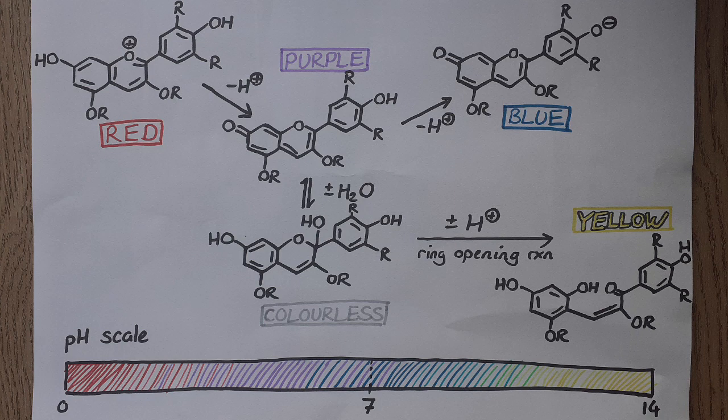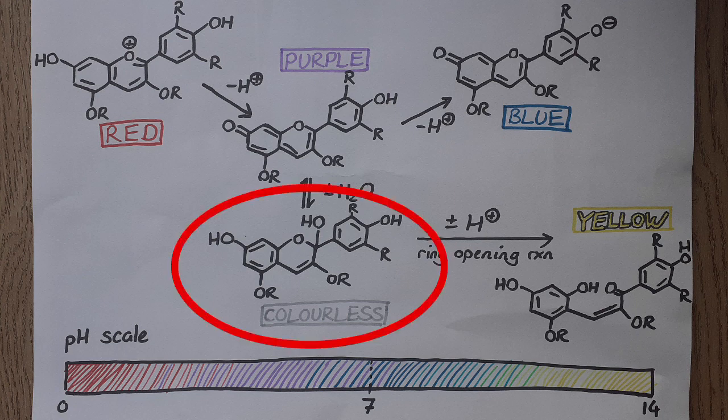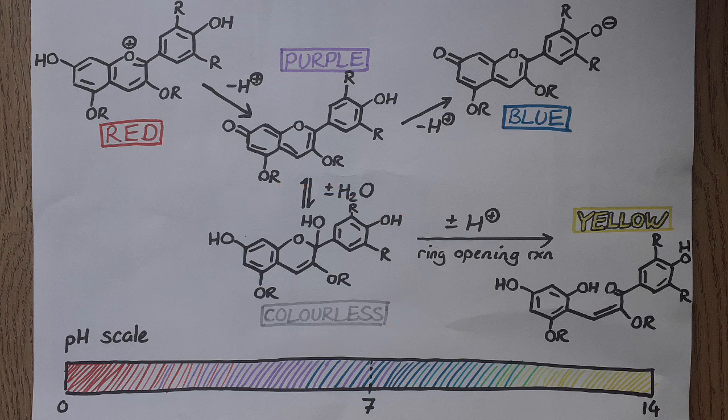Either another proton is abstracted by even more base to make this blue species, or a hydration reaction can occur, creating this colourless compound, which in turn can undergo a ring opening reaction and turn yellow in the process.